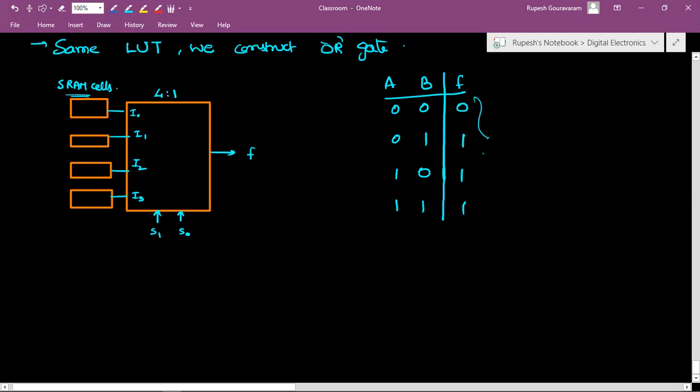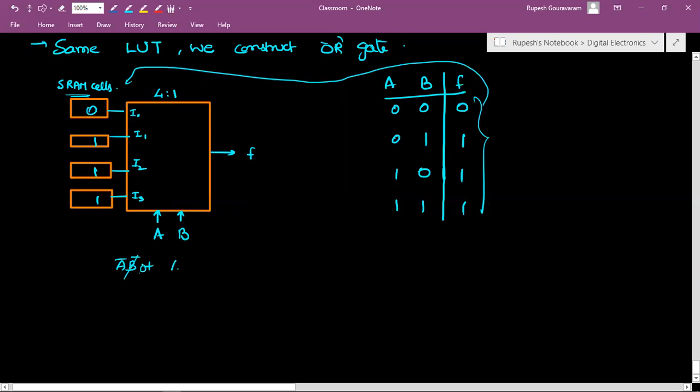So whatever function values are there, we will feed the same into our SRAM cells: 0, 1, 1, 1. And we will select S1, S0 as the inputs A and B. Now it's ready. See here. So this is A bar B bar into 0, that is cancelled out, plus A B bar plus A bar B plus AB.